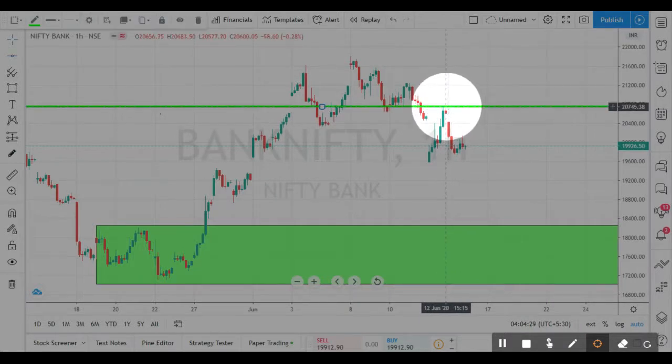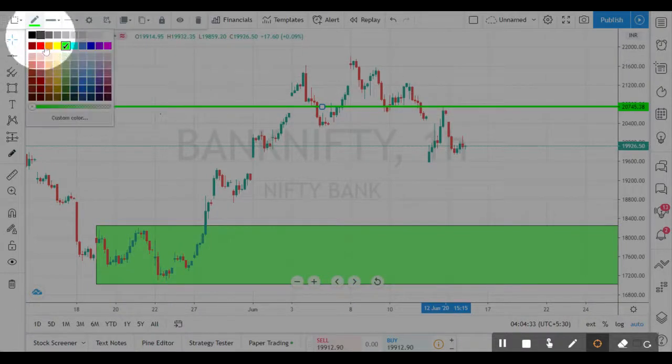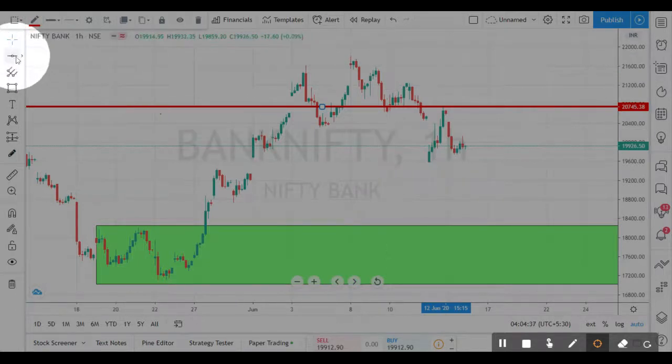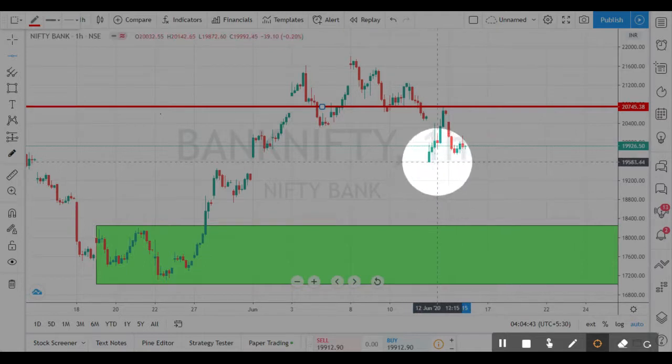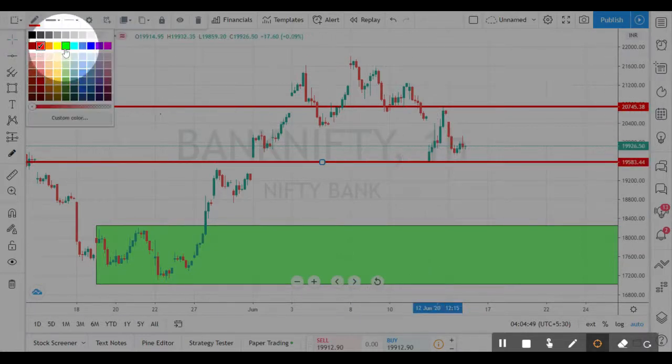This is our nearby resistance. We will give resistance red color, and yesterday's trading day low, on the low side we will keep our support line. We will give our support line green color.